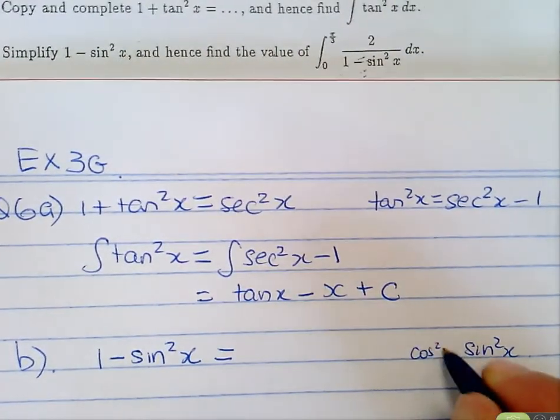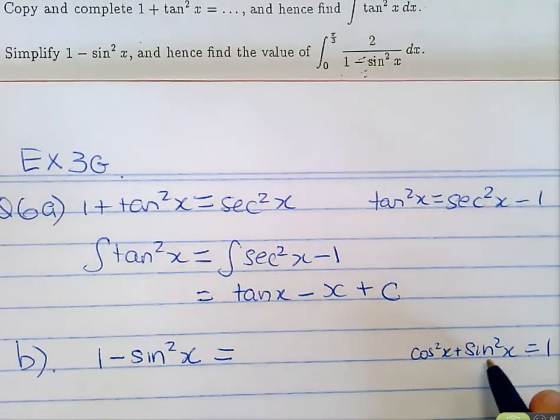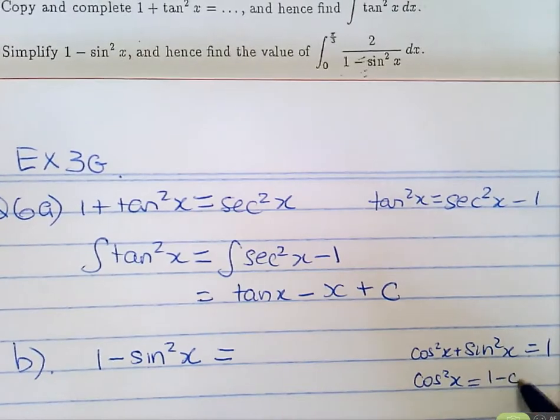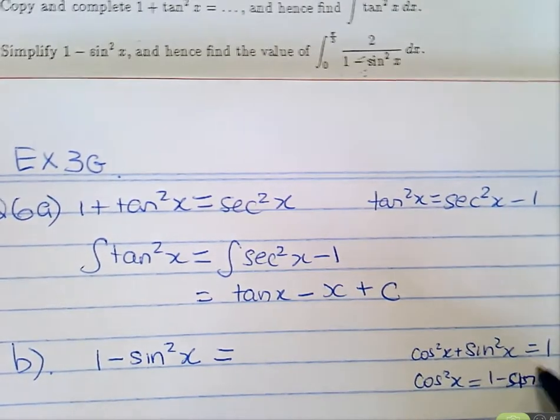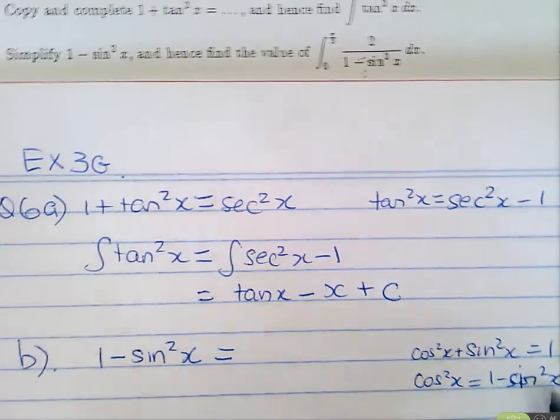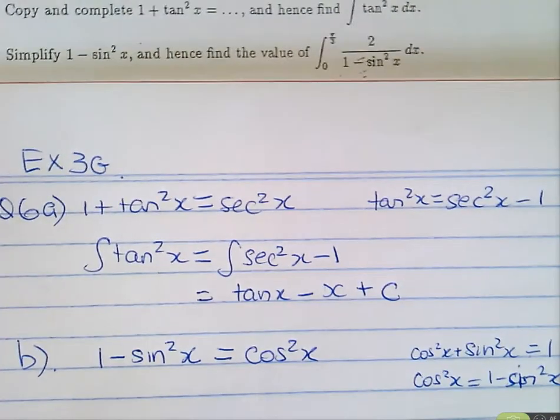Cos squared x plus sine squared x is 1. So if I do 1 minus sine squared x, what does that equal? Good. That's the same as cos squared x.